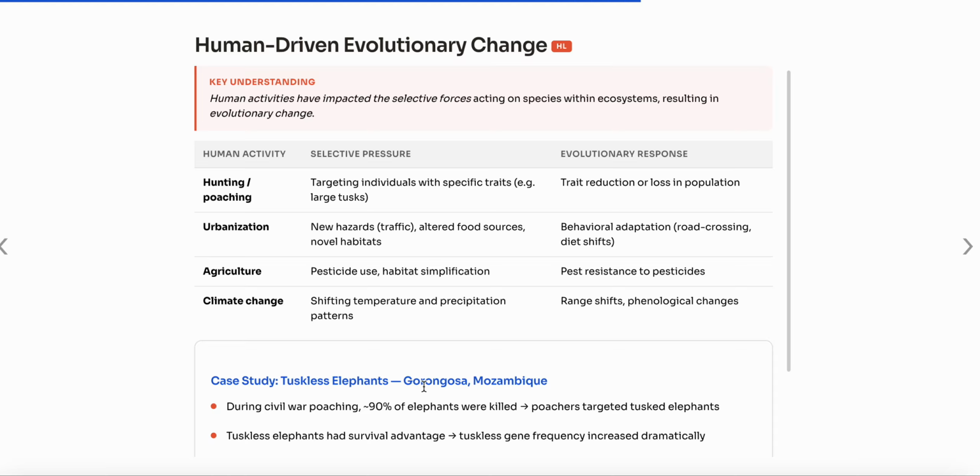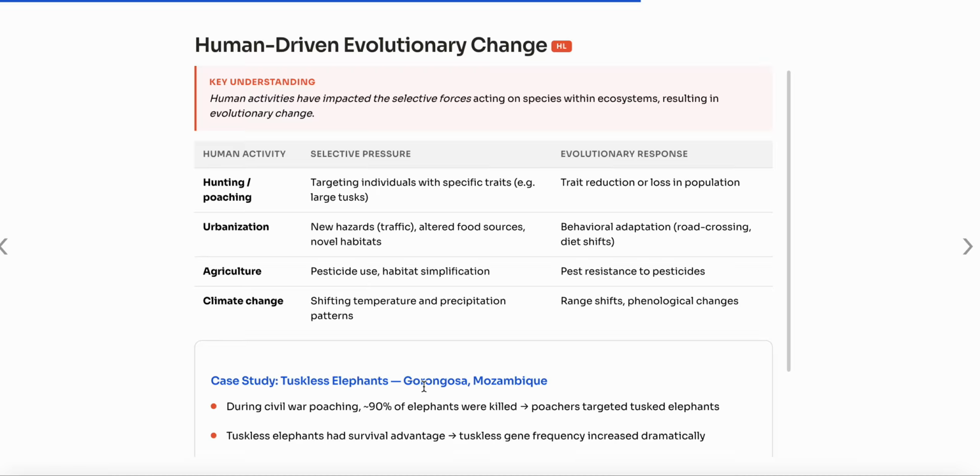Hunting and poaching target individuals with specific traits. For example, when hunting happens because of large tusks, that will reduce the trait or cause its loss in the population. Urbanization brings new hazards, altered food sources, and novel habitats, and because of that there is behavioral adaptation and diet shifts.